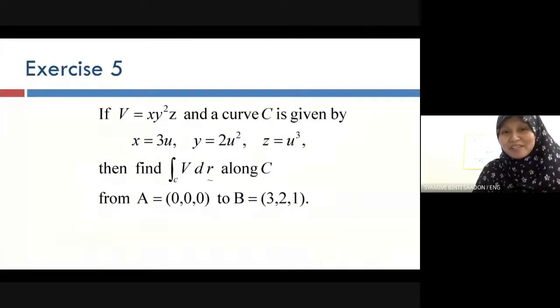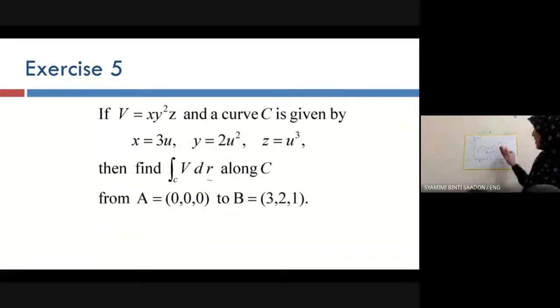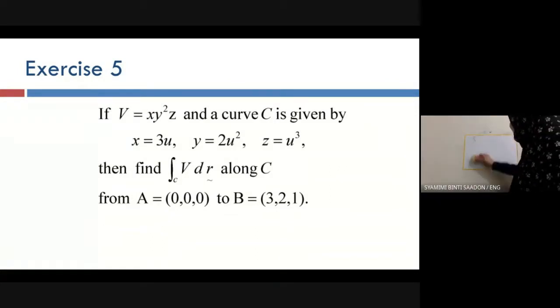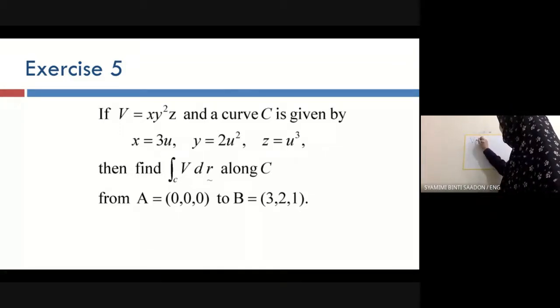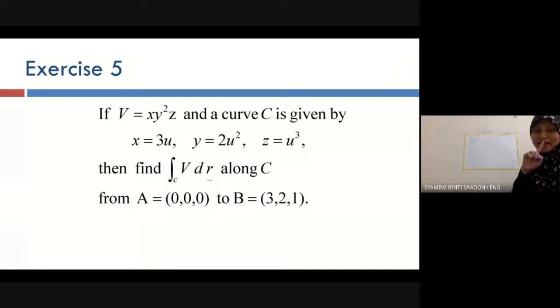This way, we first just rewrite. We have V equals x y square and z. We have to change x, y and z.